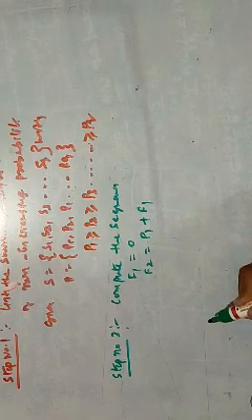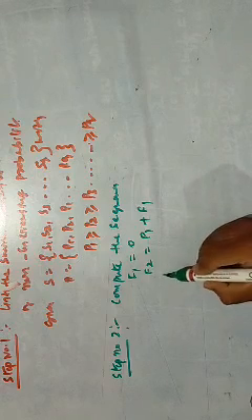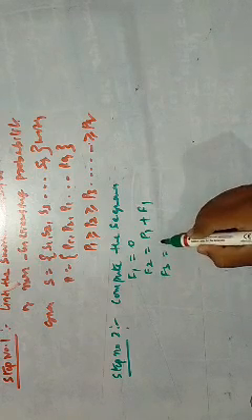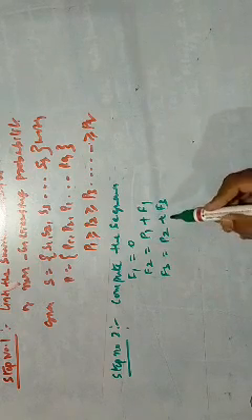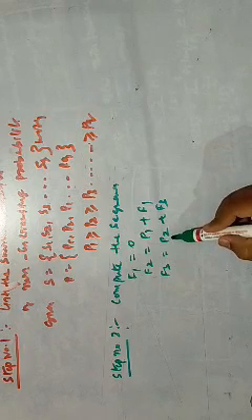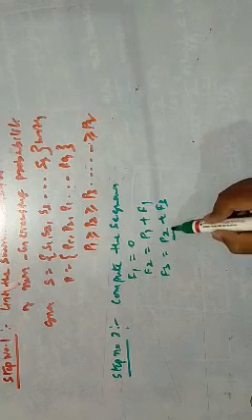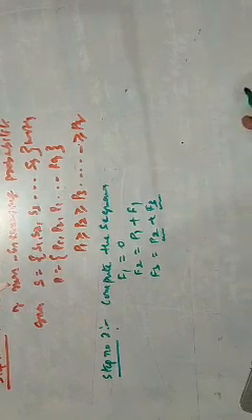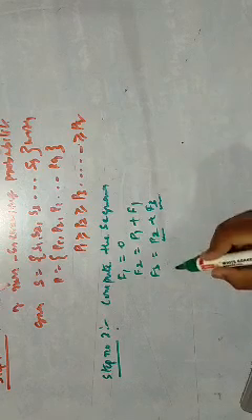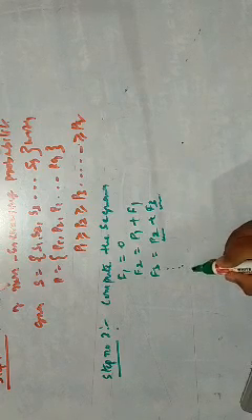Next, F3 is equal to P2 plus F2. What does it say? The current probability plus the summation of the previous probabilities. It has to be like this, and so on.